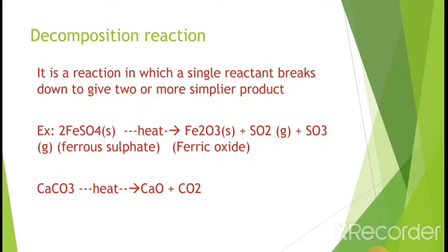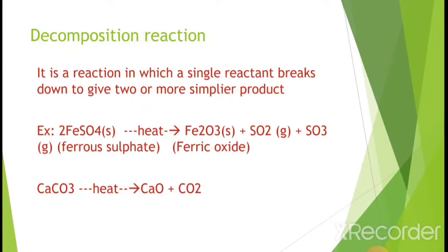Iron 2 means it is ferrous sulfate, iron 3 means it is ferric oxide. So you need not be confused. The iron has two forms: one is ferrous and one is ferric. Ferrous is 2, ferric is 3. So this is a very, very important example. It has been asked in exams to balance it.